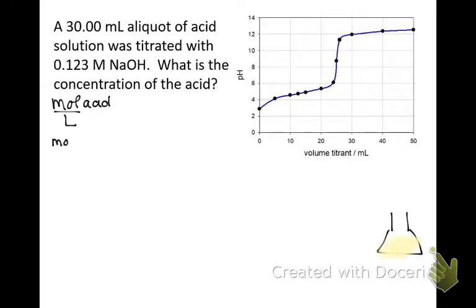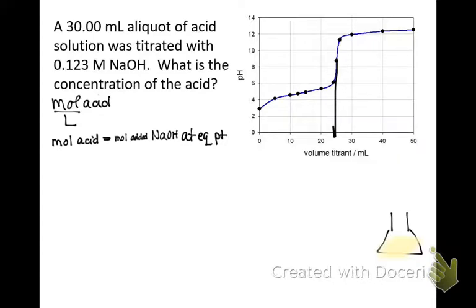We said that the moles of acid equal the moles of added NaOH at the equivalence point. We said that the volume of added NaOH at the equivalence point was 25 milliliters.